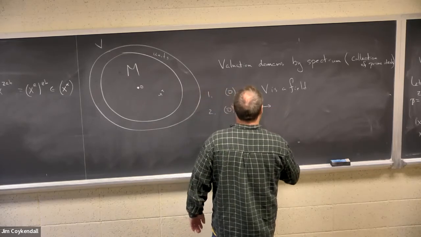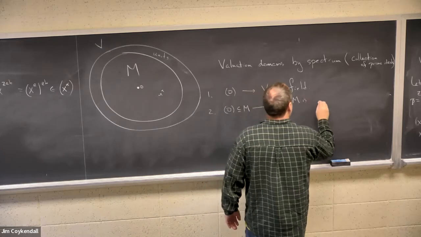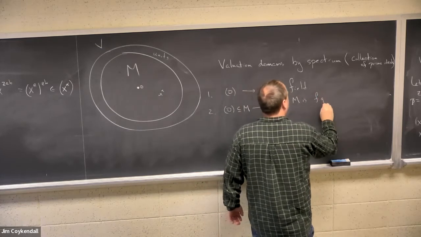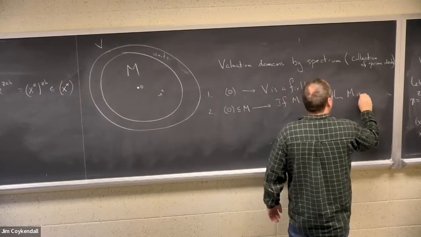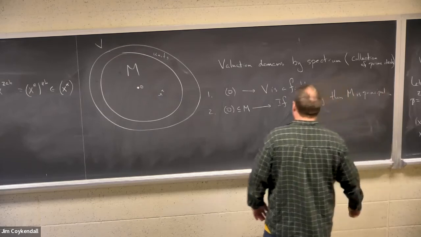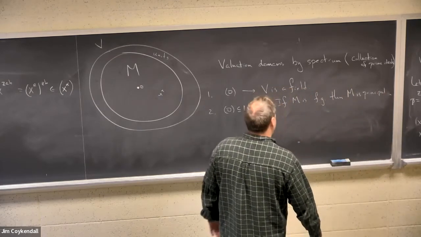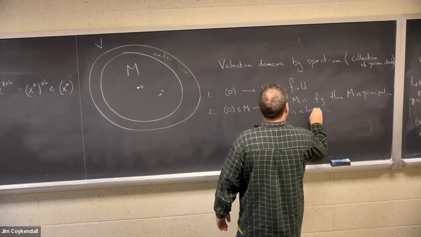this bifurcates. If M is finitely generated, then M is principal. And B is a local PID.